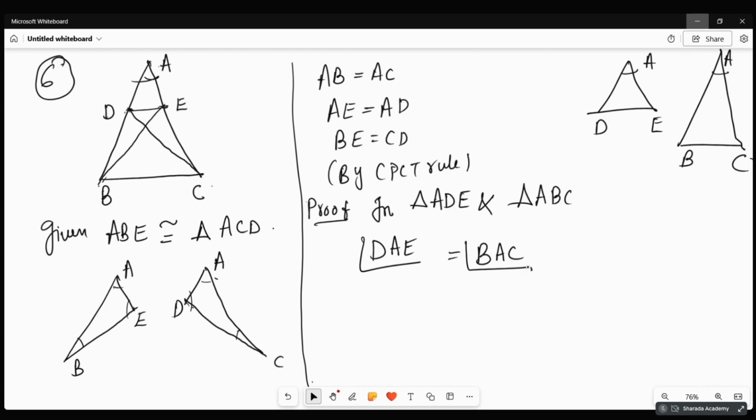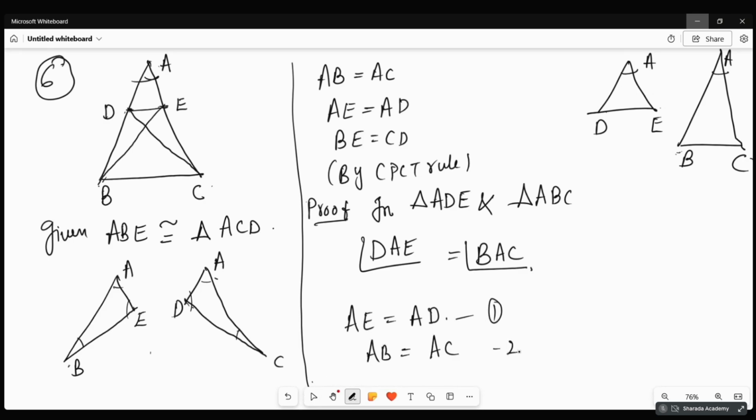From AB and AC, AB by AC equals 1. AE by AD equals 1. So AB by AC will be equal to AE by AD. Correct. Then you cross multiply. So we know AD is equal to AE. We know this. Then AD by AB, and we know AB is equal to AC.